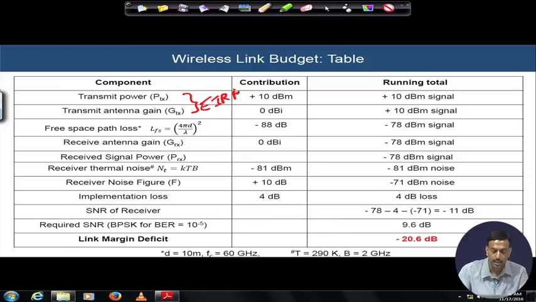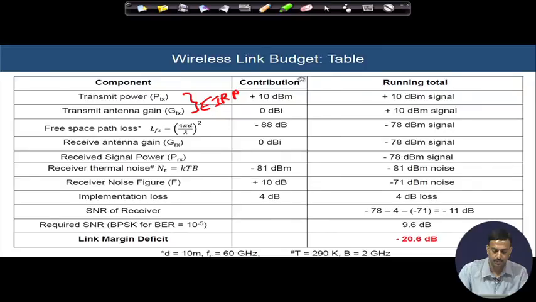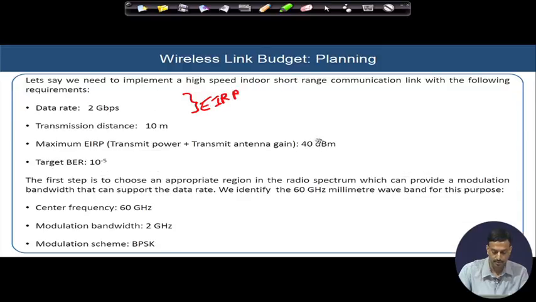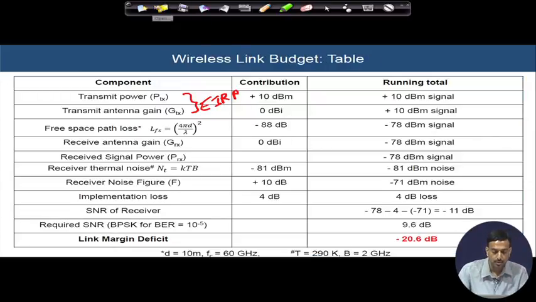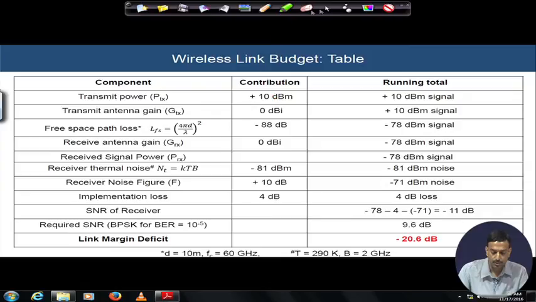So as you can see, we are well within the limits of the requirement, which is 40 dBm. So we choose a transmit power of 10 dBm, and this third column here gives us a running total.